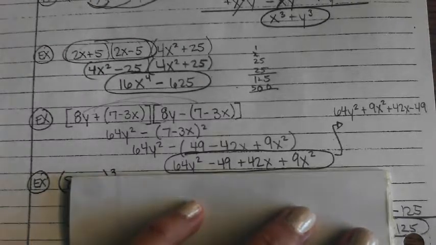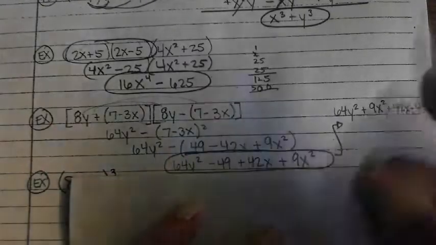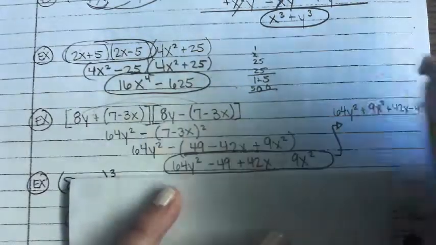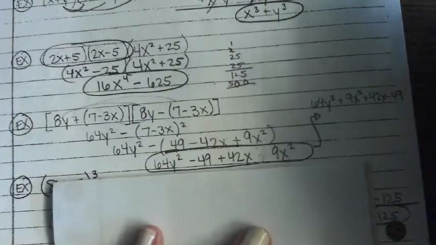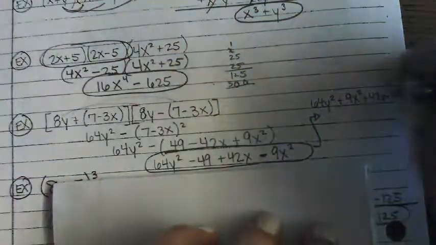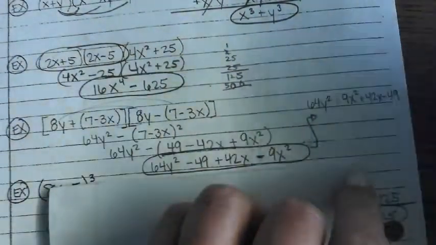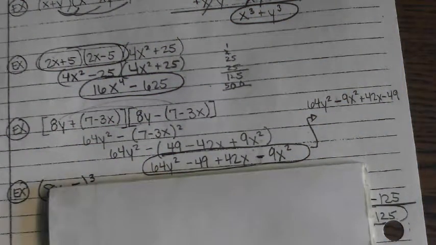Oh, you're right. So it's a positive 9x squared, and then we distribute that. Did you say positive 9x squared, Lily? I think you did too. Did you make that same mistake? Yeah, so, good catch. So minus 9x squared. I think that's worthy of another bonus point. Oh, and you already had your one today. Look at that.